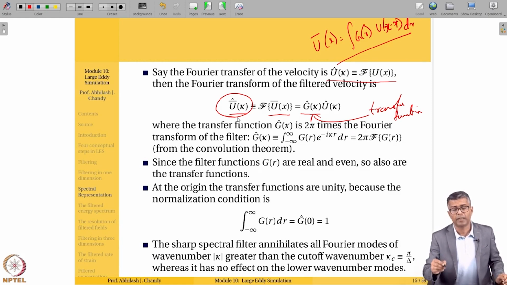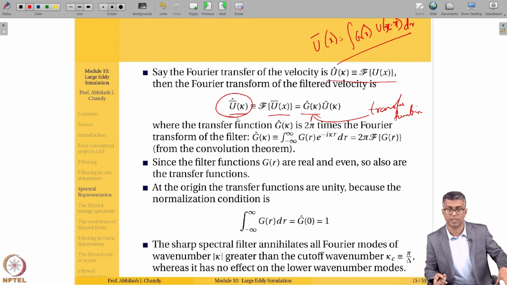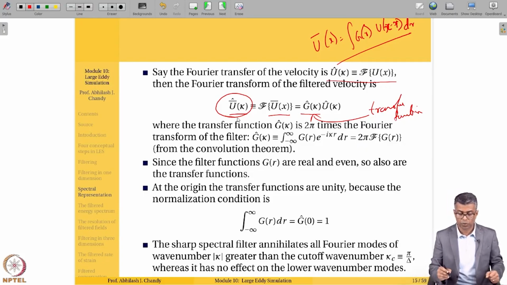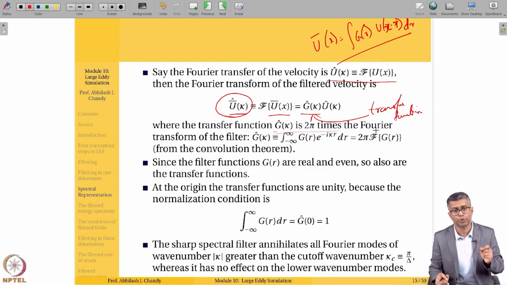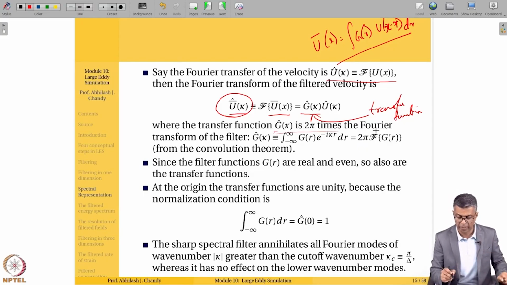So if I take the Fourier transform on both sides, I will have u bar hat of kappa equal to g hat of kappa, which is the transfer function, which is basically a Fourier transform of the filter function, multiplied by u hat of kappa, which is the Fourier transform of the velocity field itself. Okay, so g hat of kappa, as I've written here, is 2 pi times the Fourier transform of the filter.